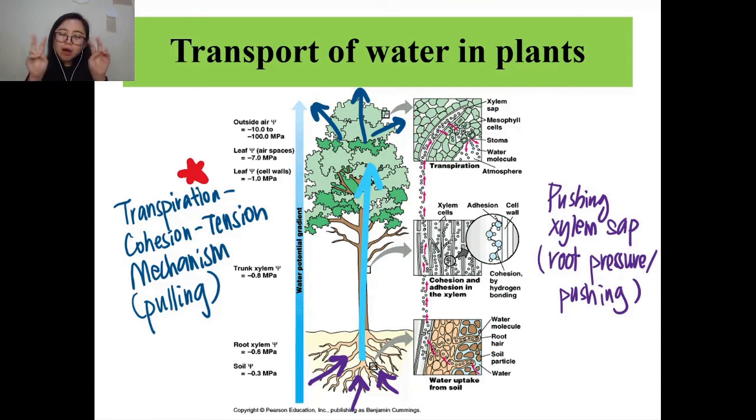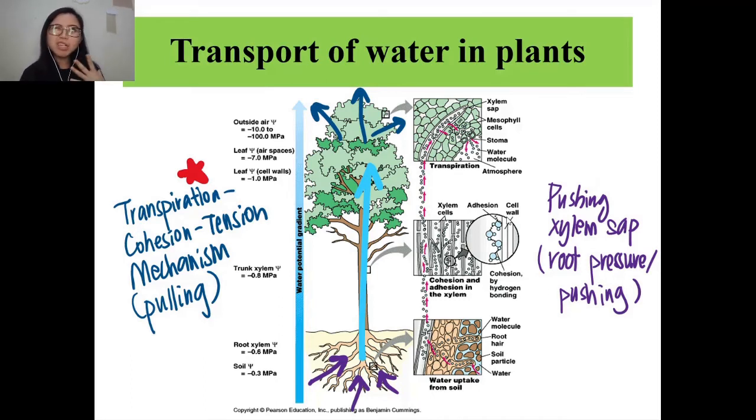The more powerful mechanism to explain transport of water is the transpiration cohesion tension mechanism. So yang warna biru ni, yang bermula dengan transpiration ni, ini akan lebih kuat kuasa menggerakkan air dalam xylem tu, berbanding dengan pushing xylem sap using root pressure.